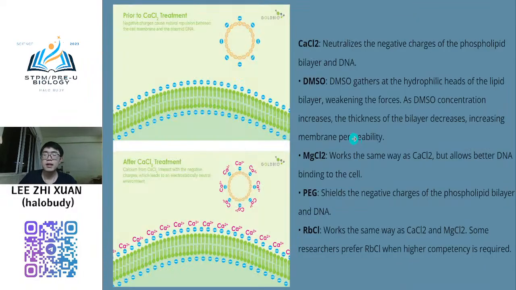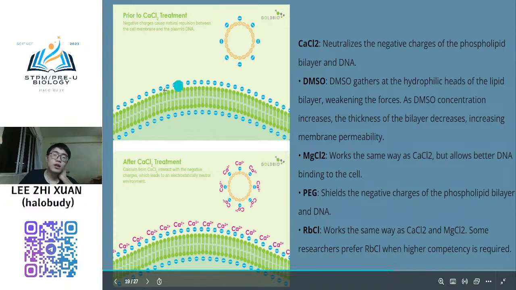So this is the chemical one. Normally with the chemical, calcium chloride will neutralize the negative charge of the phospholipid bilayer and DNA.